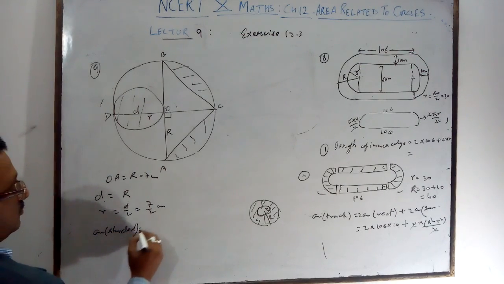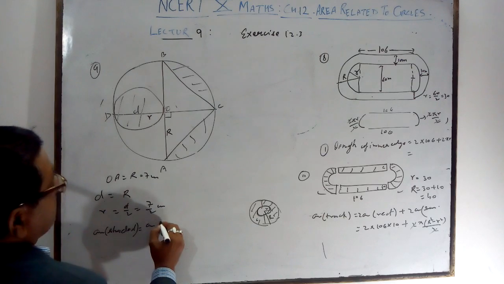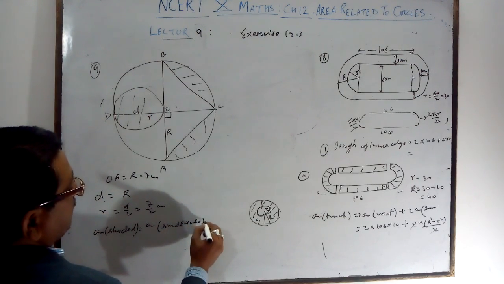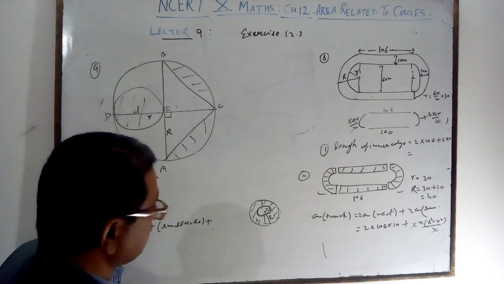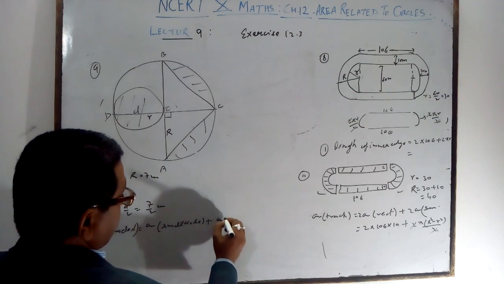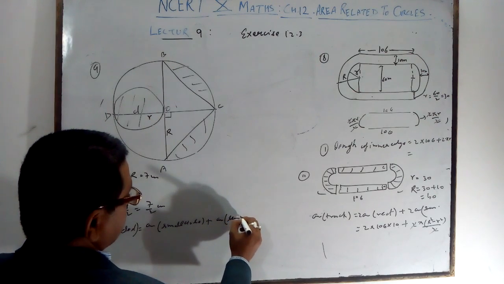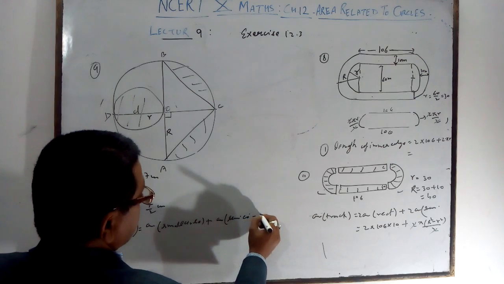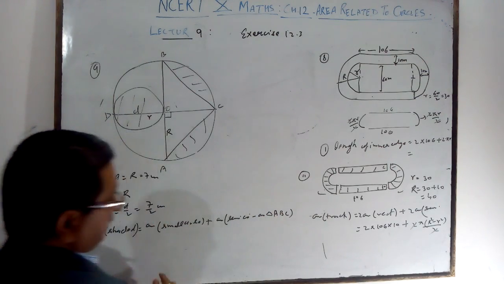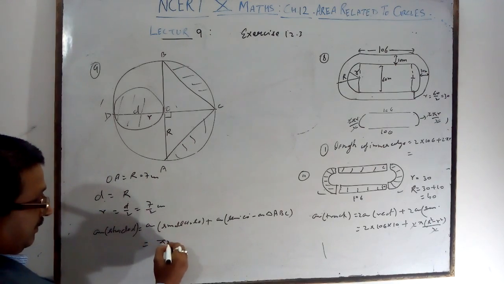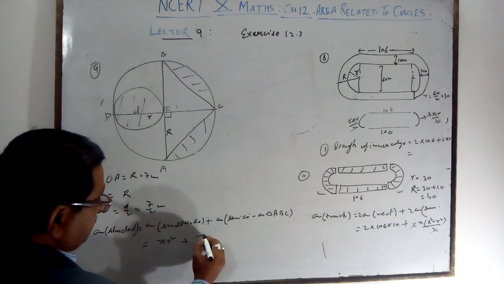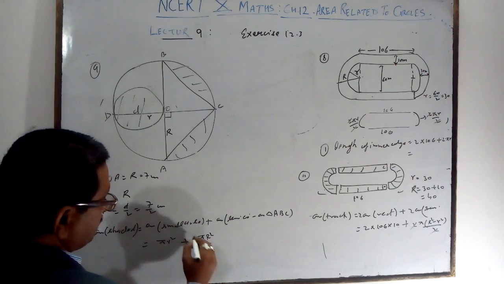Shaded region is equal to area of small circle plus area of small circle plus area of semicircle minus area of triangle ABC. What is the area of the small circle? Pi small r square, plus area of semicircle is pi capital R square by 2.